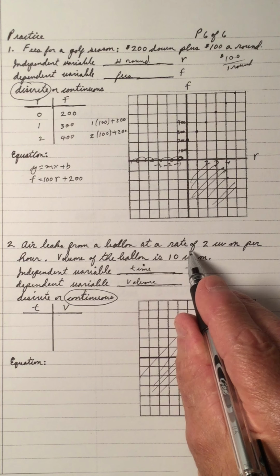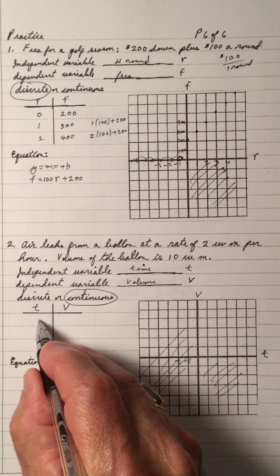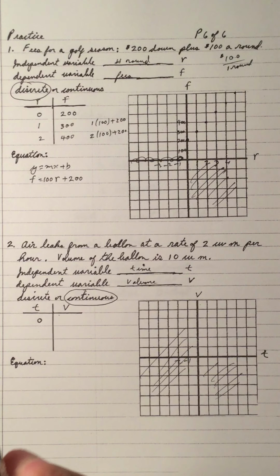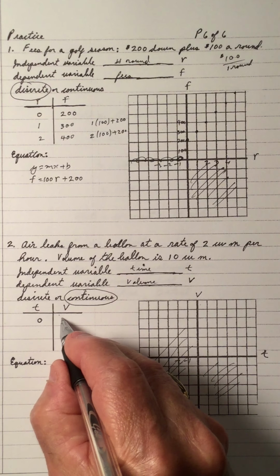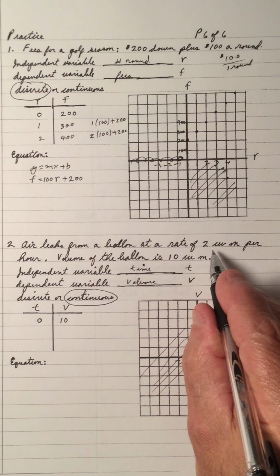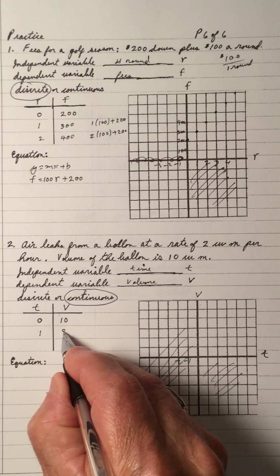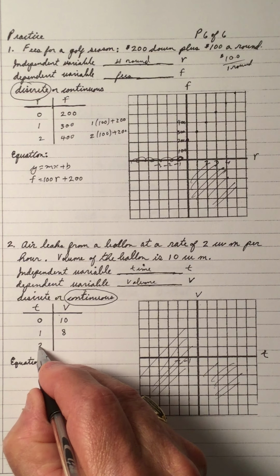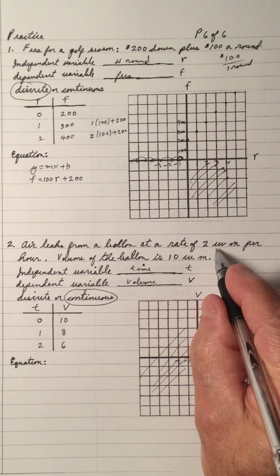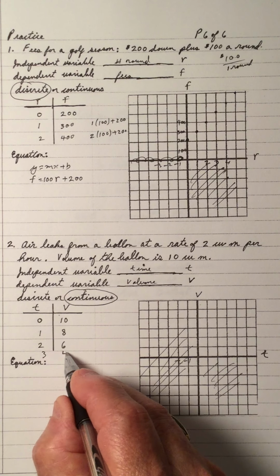So let's see what we have. We have a slope. At 0 hours right now, when you start, the balloon has 10 cubic meters. It goes down 2 cubic meters per hour. So 1 hour is 2 off of that, so it's 8. The next hour, there's 2 more gone, so 6. At 3 hours, I would get a 4.